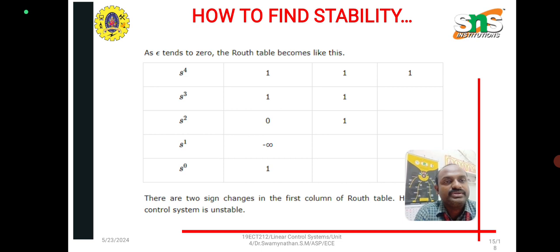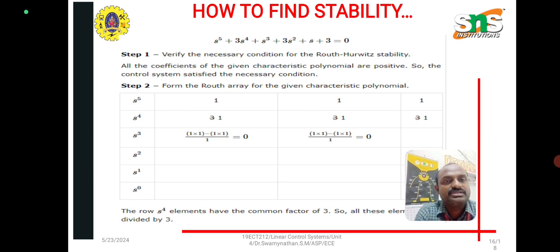As epsilon tends to 0, the array has s power 1 as infinity and s power naught equal to 1. The first column goes from positive, to 0, to a minus, and again 1. The first column sign has changed, so the system is said to be unstable.